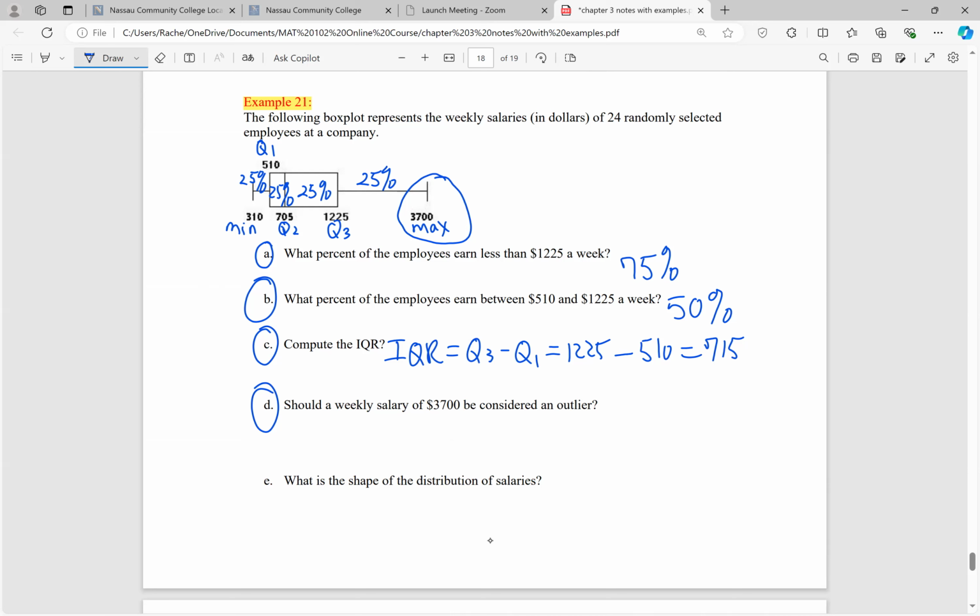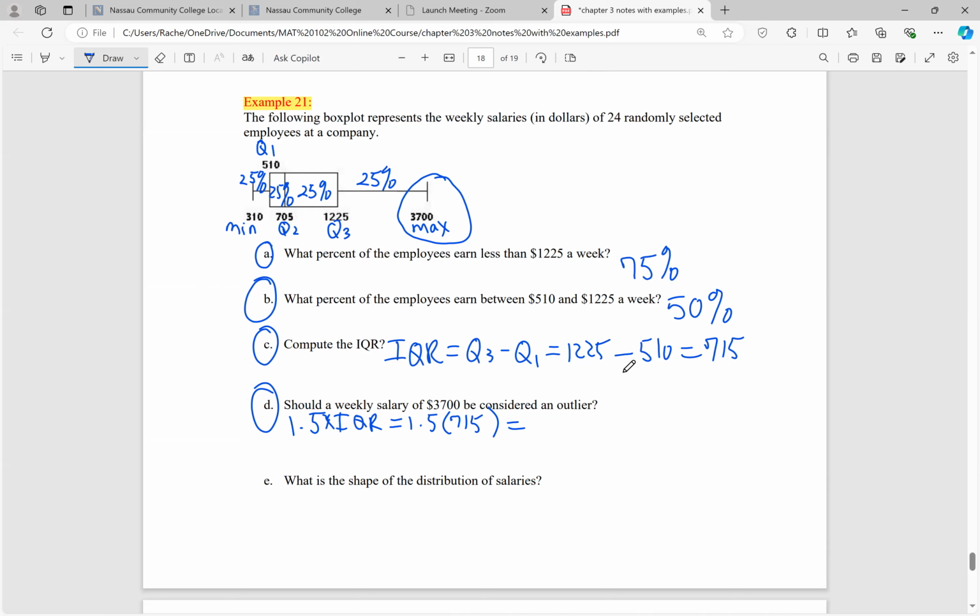So what we're going to do is let's take 1.5 times the interquartile range. So we're going to get 1.5 times the IQR, which was 715. So that's going to give us, so let's multiply. So I'm just going to do this on my handheld calculator.